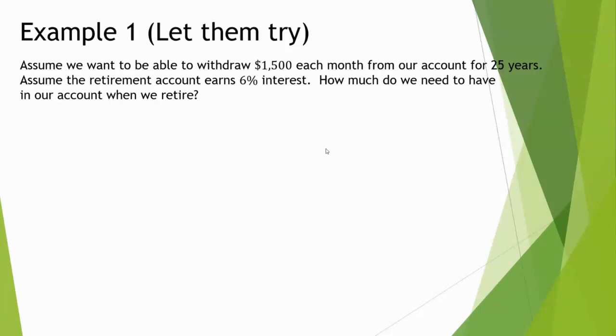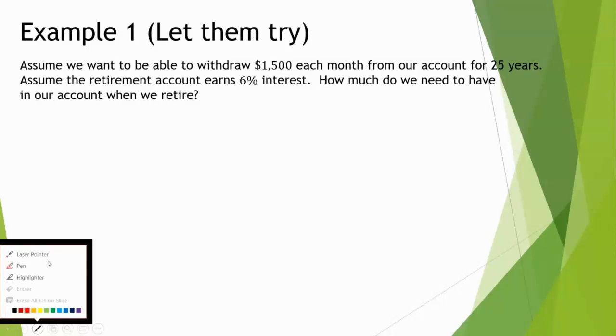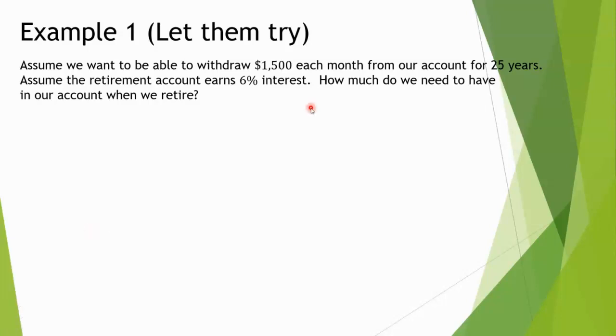So I guess we're planning ahead. We haven't retired yet, but we want to know how much we should have in our retirement account in order to accomplish this, being able to withdraw $1,500 a month for 25 years.